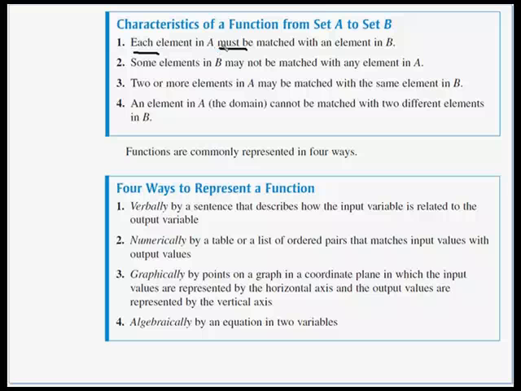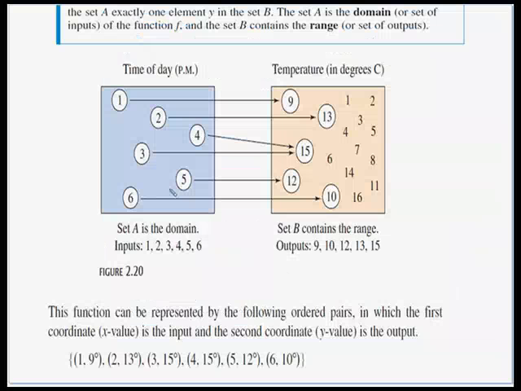Each element in the domain must be matched with an element in the range. Some elements in the range B may not be matched with an element from A. Over here, we got these numbers. These numbers do not correspond to any number over here in the domain, and that's fine. Every member of the domain is used, but not every member of the range has to be used, or every number in this set that contains the range.